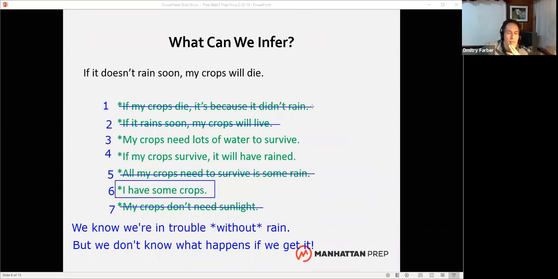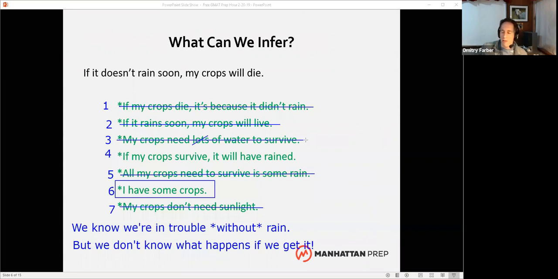What's wrong with 3? My crops need lots of water to survive. I mean, I want it to rain, right? Lots. Yeah, I don't know they need lots of water. They just need some rain. Technically, this is a stretch, but I don't even know that they need any. Maybe I need it to rain for some other reason.